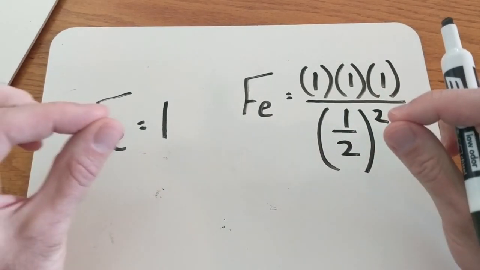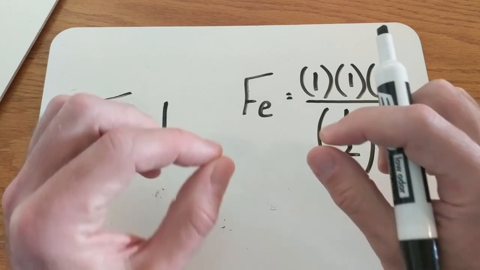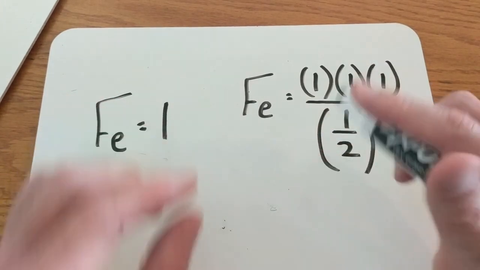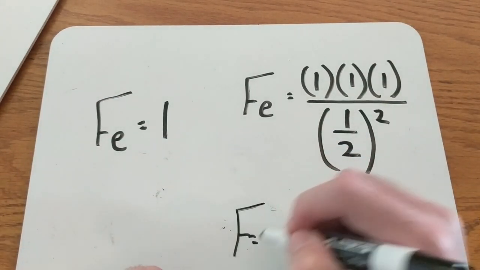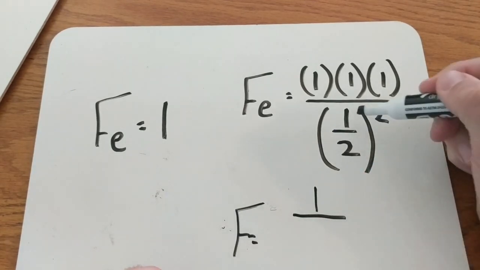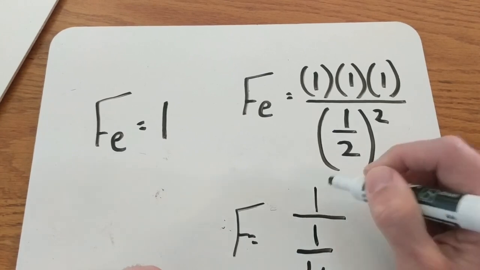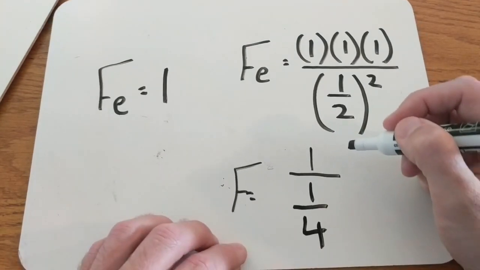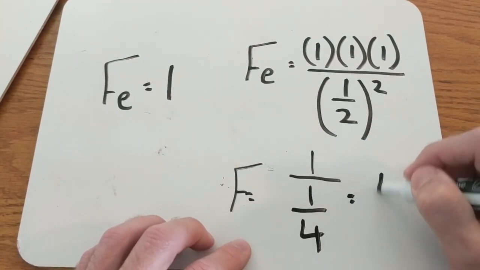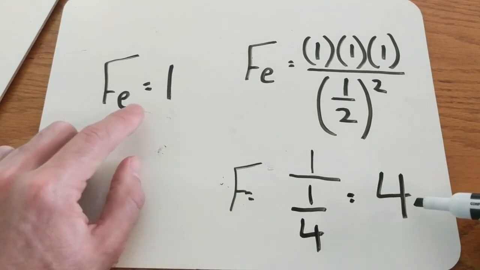If we move these charges from here to here, they're going to exert more force on each other. They're closer to each other. So we would get 1 on top. But remember, the half would be squared, so we get 1/4. 1 over 1/4 would be 4. And we can see now that's 4 times.